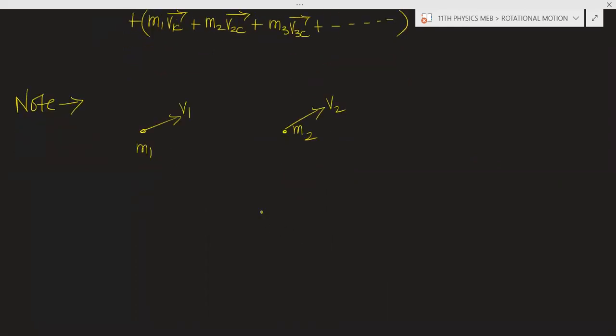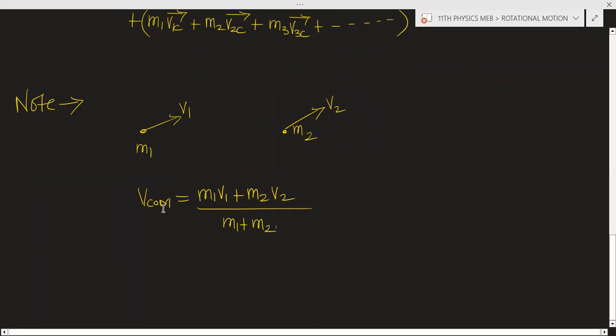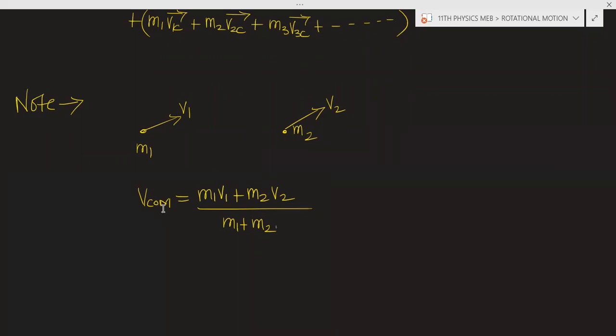The velocity of center of mass will be given by m1 v1 plus m2 v2 divided by m1 plus m2. Obviously this is with respect to the ground. If nothing is given, we take the velocity with respect to the ground.